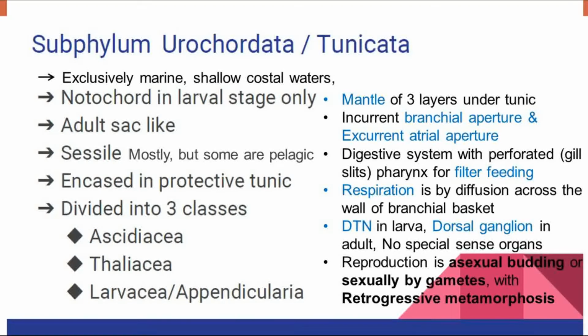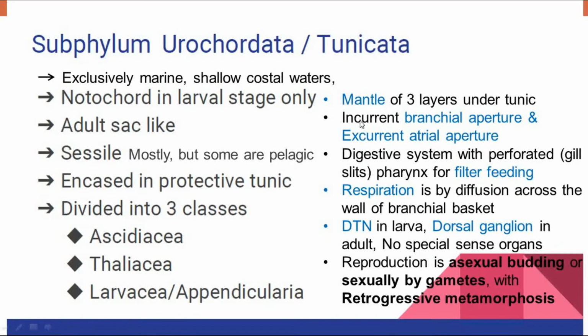Adults are attached to the substratum mostly, but some are pelagic. As we have already discussed, the organisms are encased in a protective covering called tunic or tusk. The Subphylum Urochordata has been divided into Class Ascidiacea, Thaliacea, Larvacea. Larvacea has another name, that is Appendicularia.